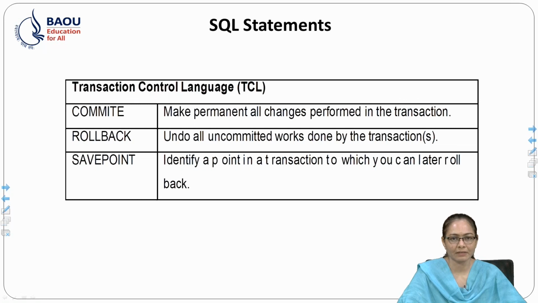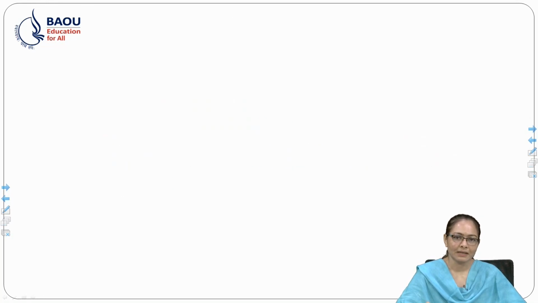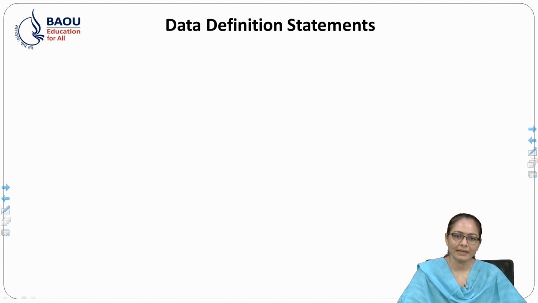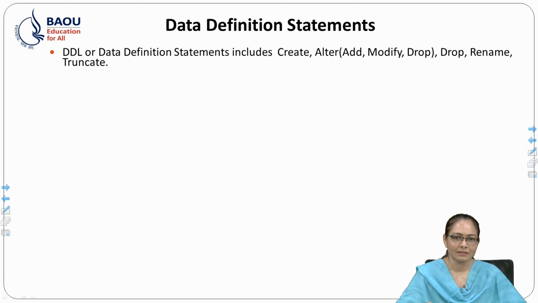Now, savepoint command. The savepoint command is used to identify the points in the transaction to which you can later roll back. Now, the next one is the data definition statements. The data definition statement of SQL is used to create different database objects.